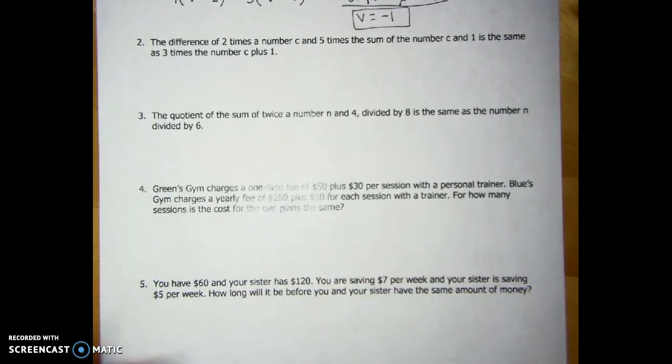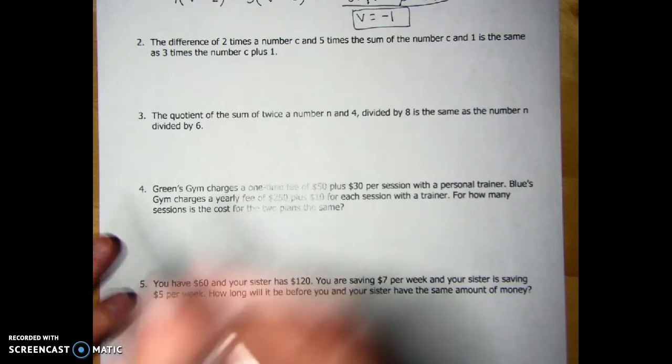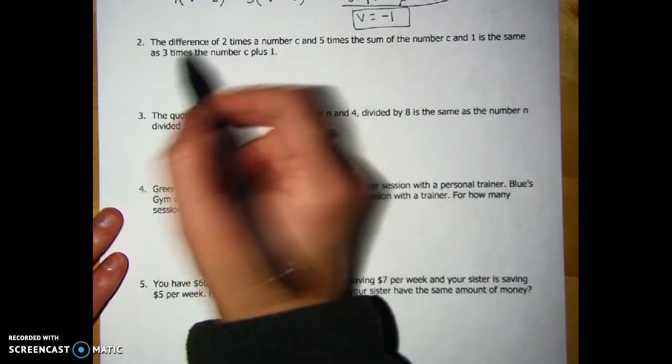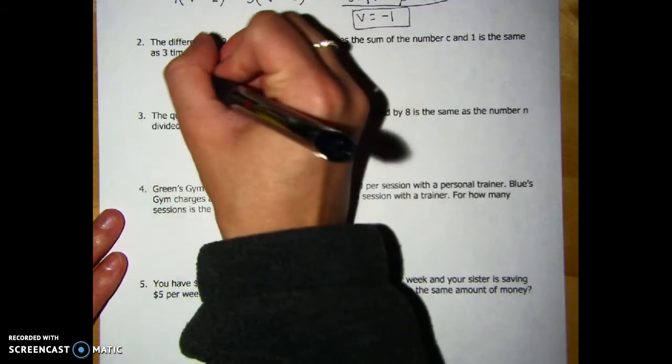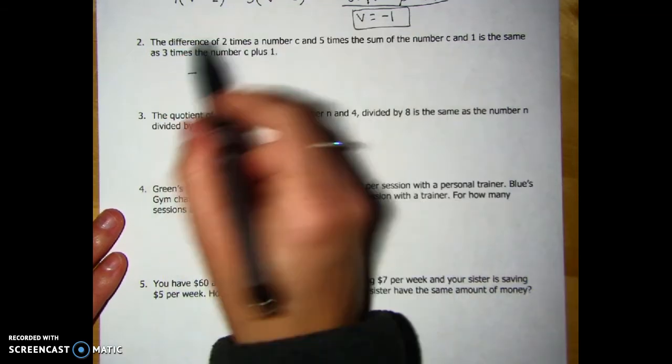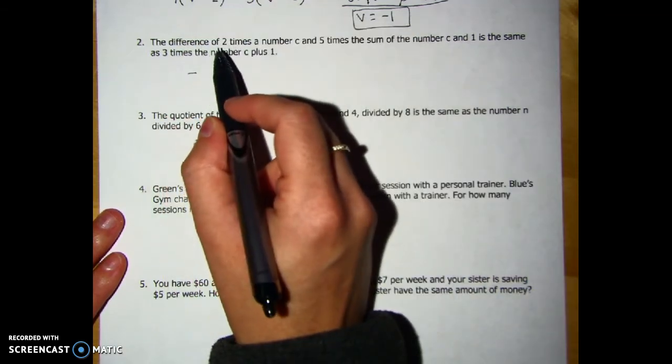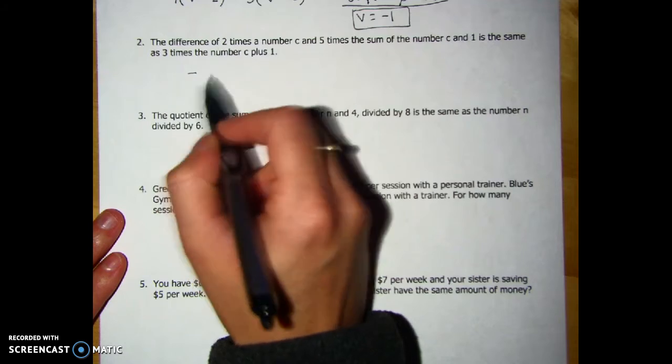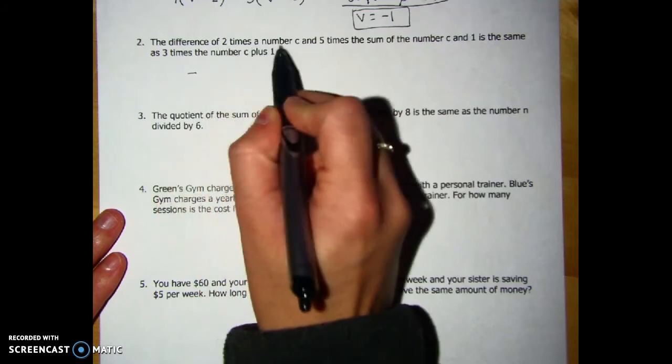The difference of 2 times a number c and 5 times the sum of the number c and 1 is the same as 3 times the number c plus 1. Okay, so this one, we're just going to have to break it down into steps. So the difference, I'm going to be subtracting something. So the first thing in this lovely subtraction is 2 times the number c.